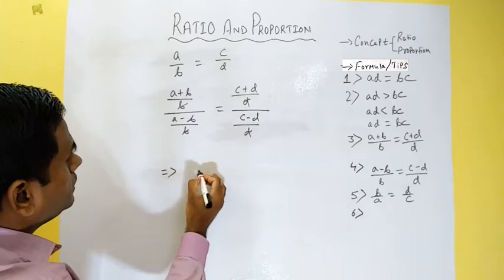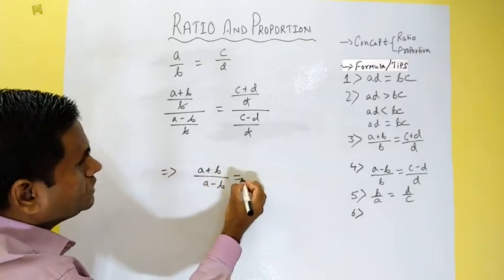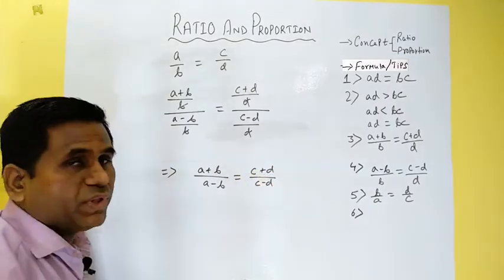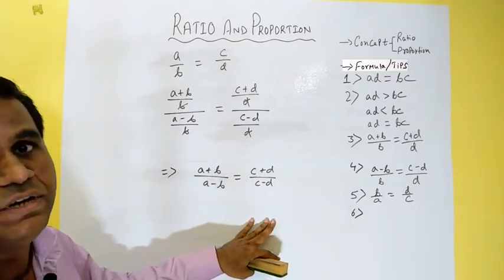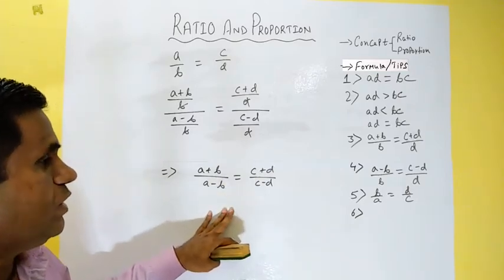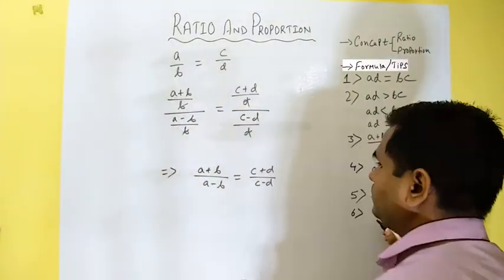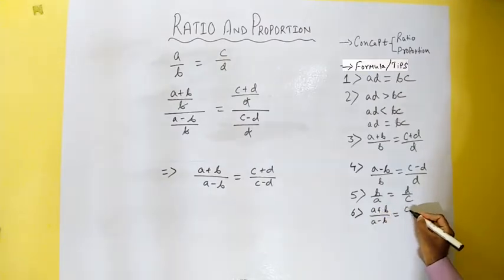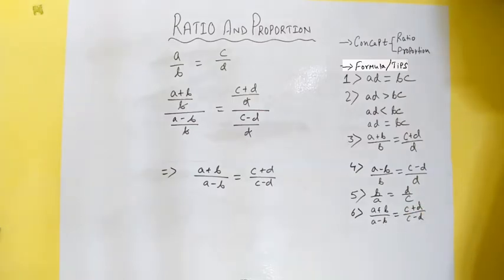So what is left is A plus B upon A minus B is equal to C plus D upon C minus D. So this is called as componendo and dividendo rule, okay, in ratio and proportion. So this becomes our sixth formula. So here I will write A plus B upon A minus B is equal to C plus D upon C minus D. Okay.